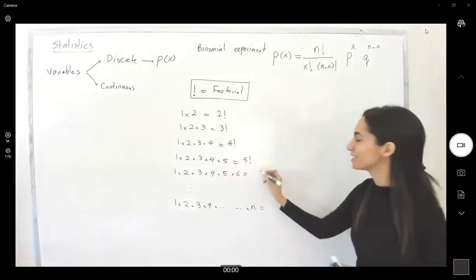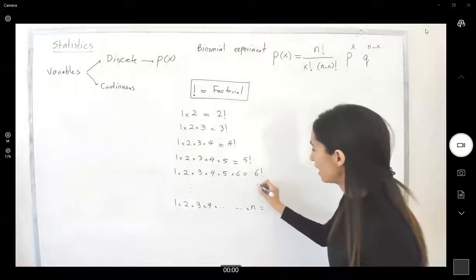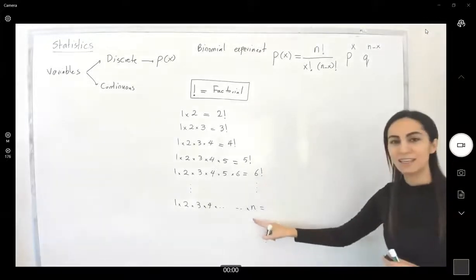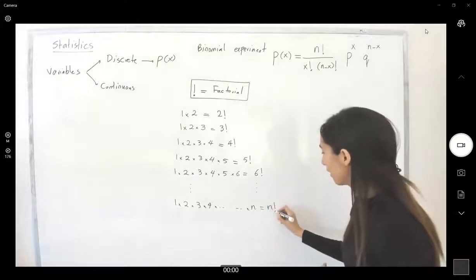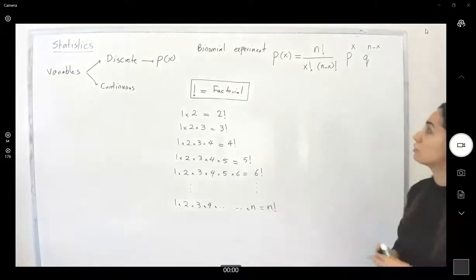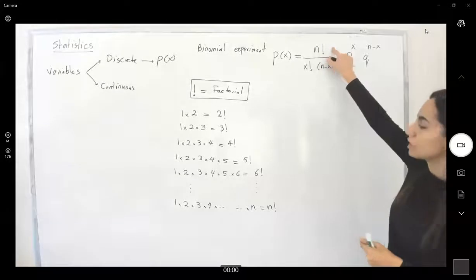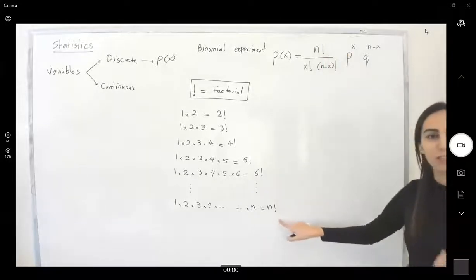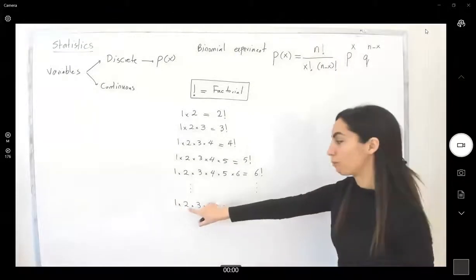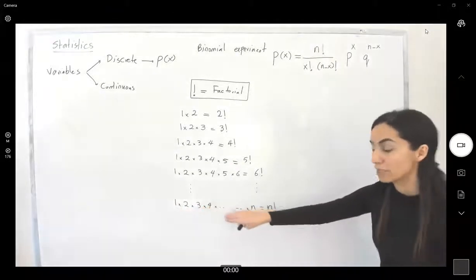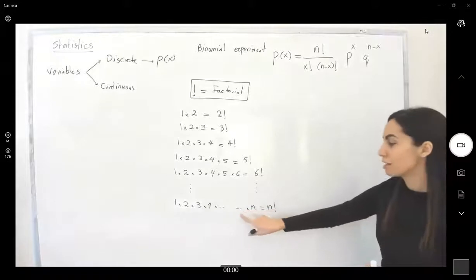Here you have 6 factorial, and you can continue this process. Since the last number is n, you have n factorial. So when you see n factorial, it means that you're multiplying 1 by 2, by 3, by 4, and the rest of the numbers in the middle, up to n.